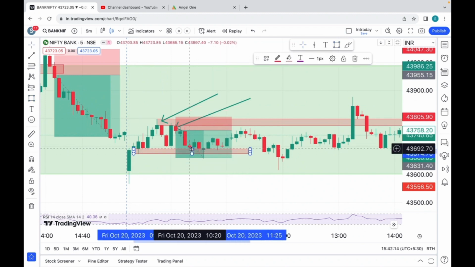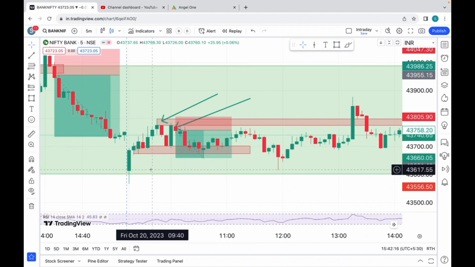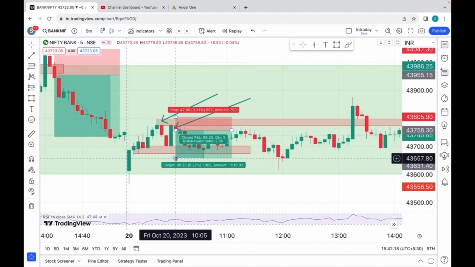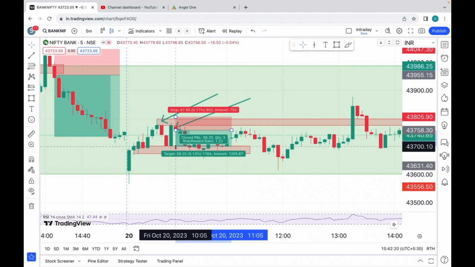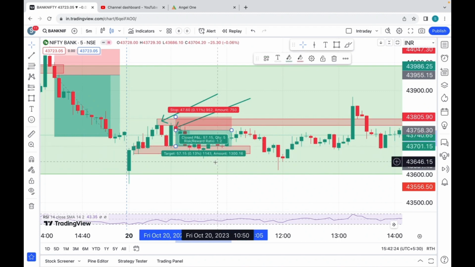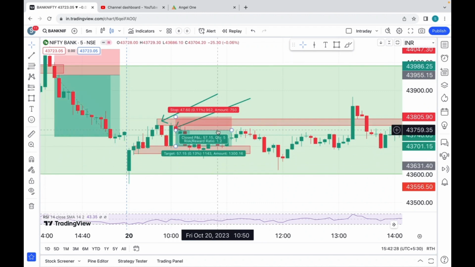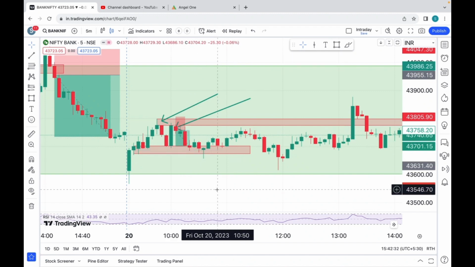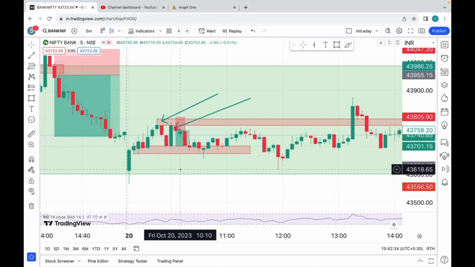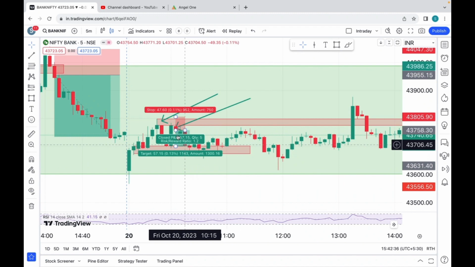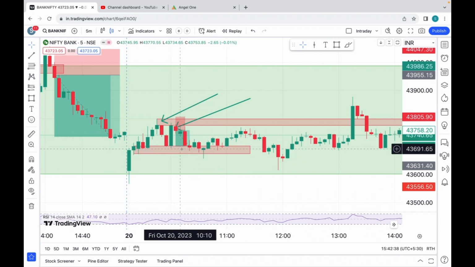If you are entering there, your target should be this, that is actually 1 is to 1.12. Okay, so this was looking okay. And after that, you see prices have reached this area.